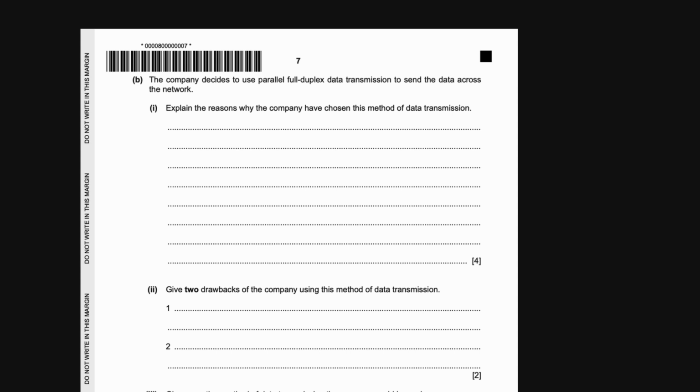Okay, so for part B, the company decides to use parallel full duplex data transmission to send the data across the network. Explain the reasons why the company have chosen this method of data transmission. Firstly, what are the advantages of a full duplex data transmission? Well, it sends data both directions at the same time.